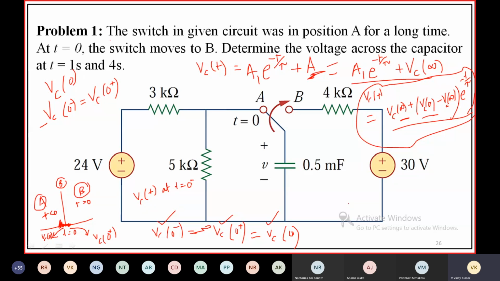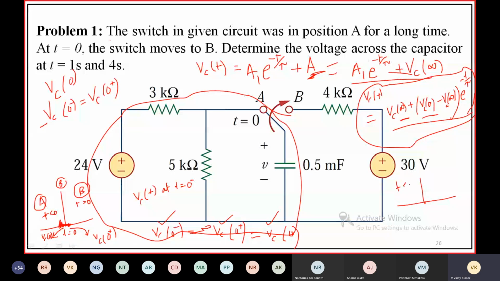What will be the circuit at T is equal to 0 minus? This will be the circuit.